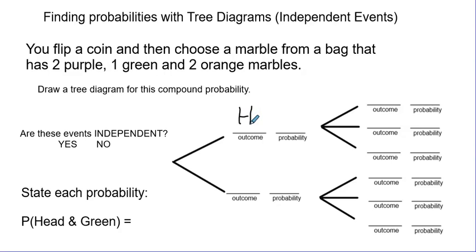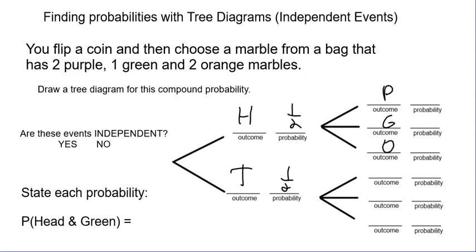Heads or tails. Now, the probability is 1 out of 2 and 1 out of 2. Now, you have purple, green, and orange.